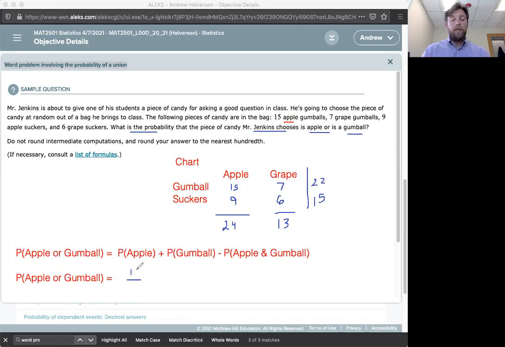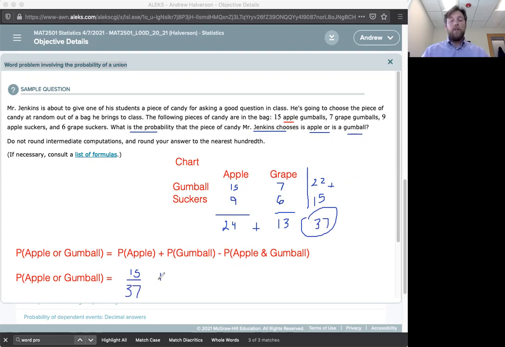The denominator is the total number of pieces of candy, so you add up all the values. 24 plus 13, or 15 plus 22, it doesn't matter which way you go, 37 is the total number of items. So there are 37 pieces of candy in total in there.